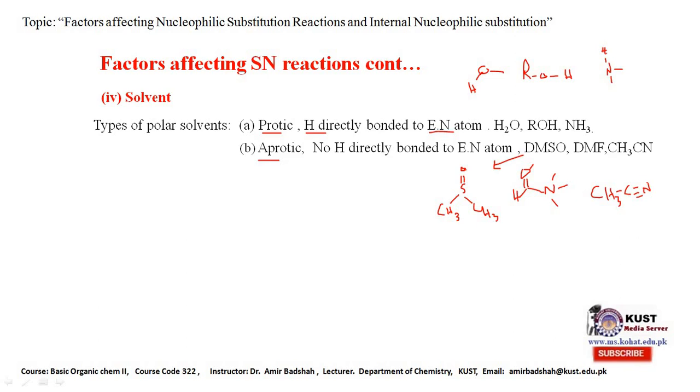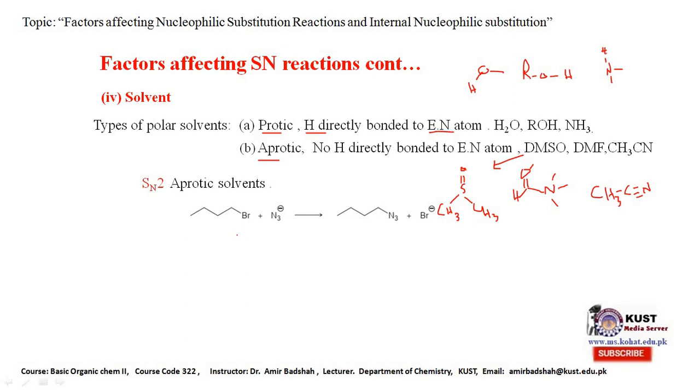So this is about the nature of the polar solvent. Now we come to the effect of the nature of the solvent on the nucleophilic substitution reaction. Mostly the aprotic solvent favors the SN2 reaction. For example, this is a reaction which follows the SN2 mechanism, because here the halide is a primary halide.